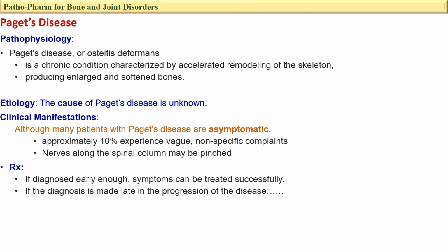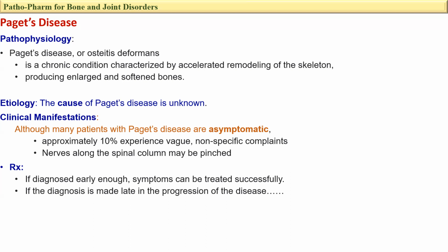The processes of bone resorption and bone deposition occur simultaneously, both at a very high rate.